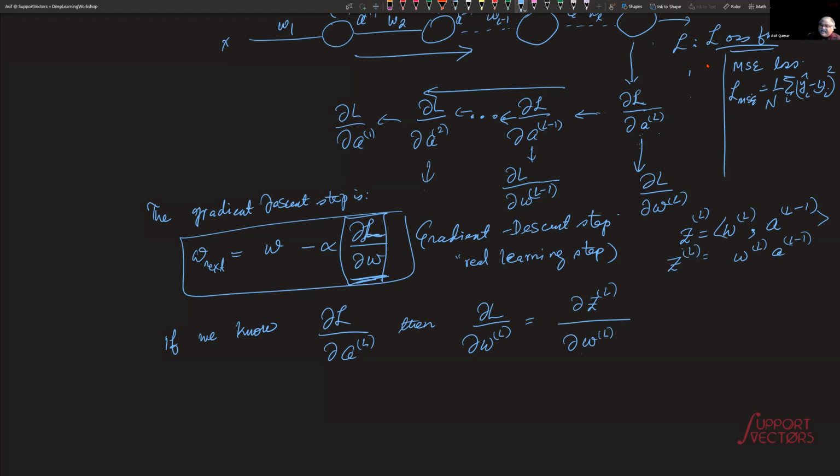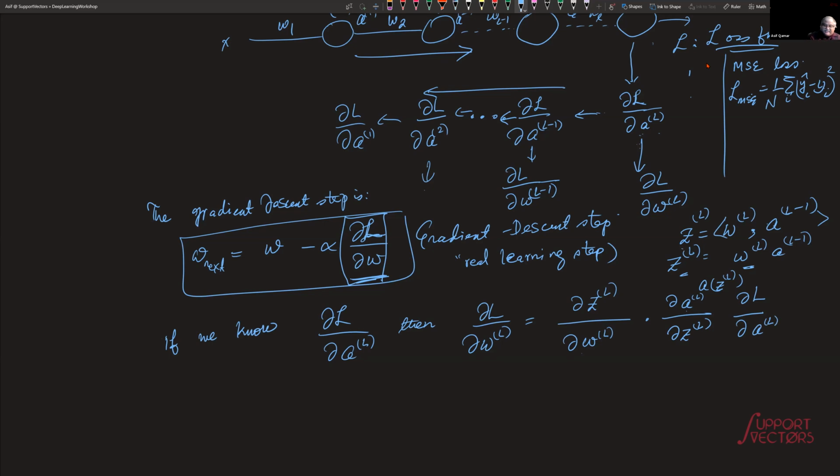So if I change W, ZL will change. But if you change ZL a little bit, the activation will change, because activation is some function of ZL. So this will change the activation of the layer L. And if you change the activation a little bit, it will change the loss function a little bit. So what have you done?